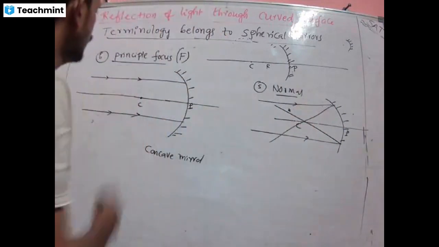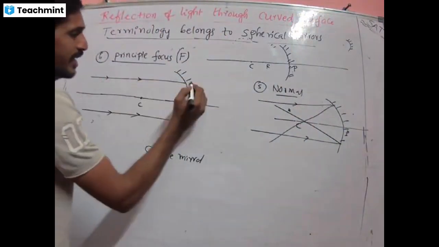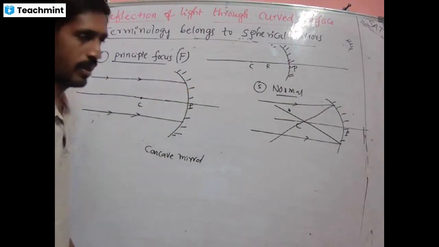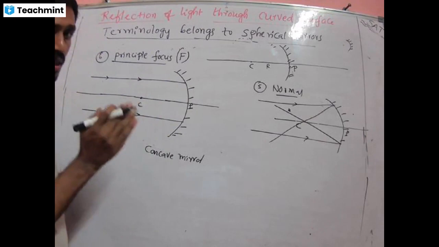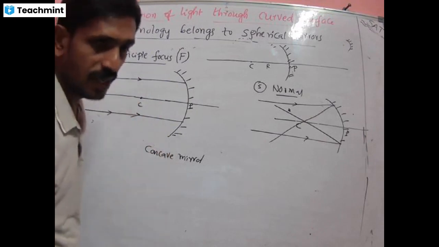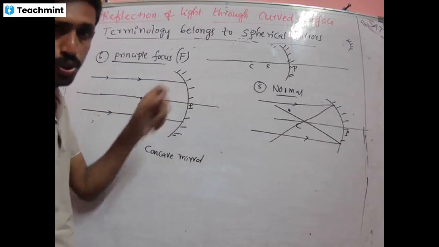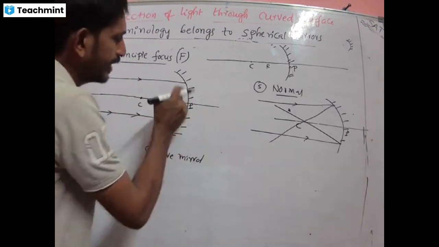Coming to this point here, this is a ray which is incident on this point on the concave mirror. If you want to apply the law of reflection, after light is incident on the mirror, we need to draw the normal at this point.